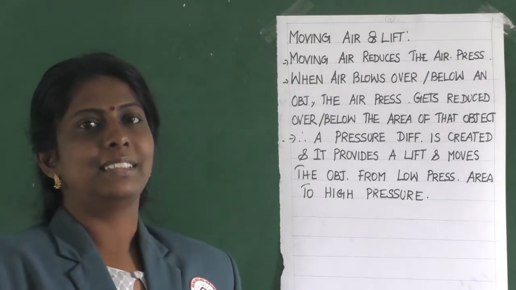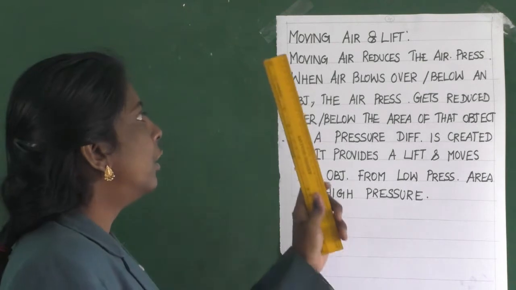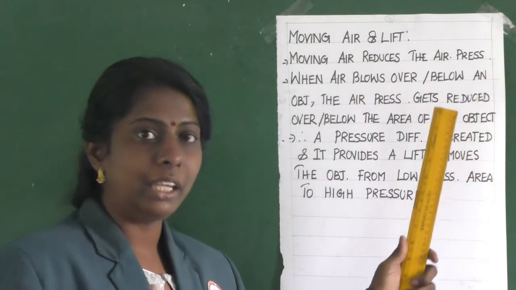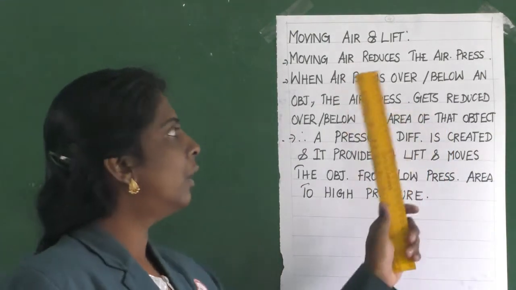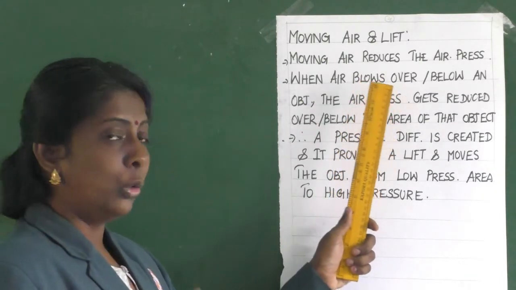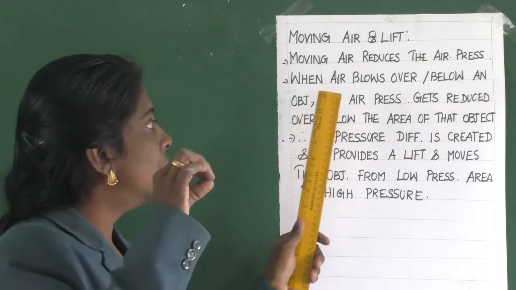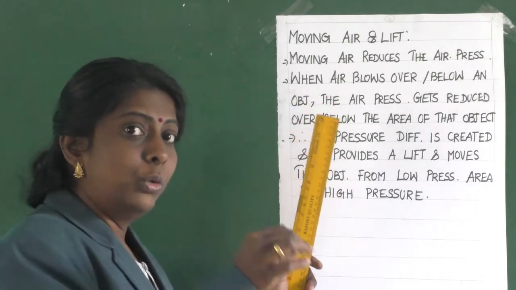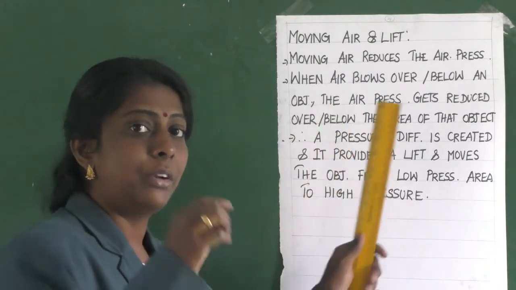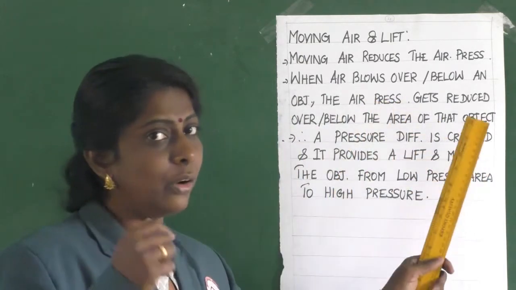Children, now let us learn about moving air and lift. Moving air reduces the air pressure. When air blows over or below an object, air pressure gets reduced either over or below the area of the object.